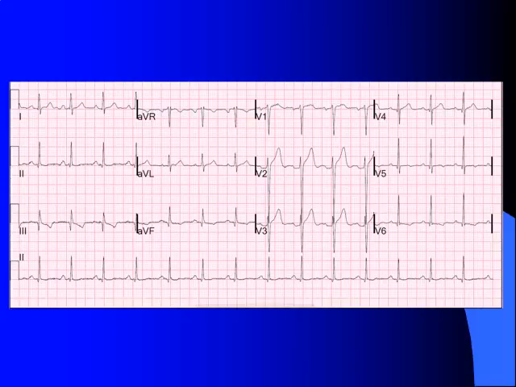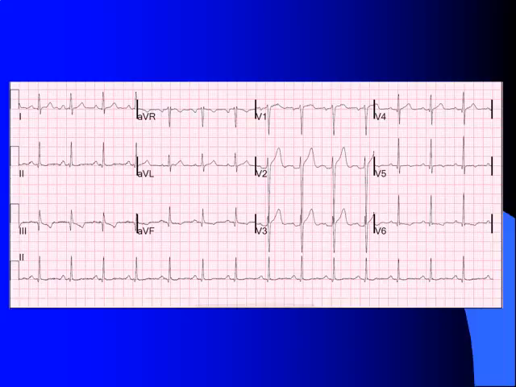Note the remarkable similarities to what we have in our findings of benign early repolarization. The key differences here are that we do have flattening of the T wave in lead 2, and then a reciprocal change noted in 3 and AVF with ST depression and inverted T wave.